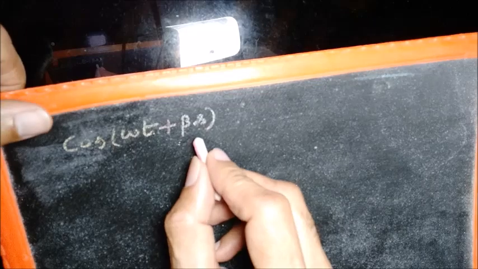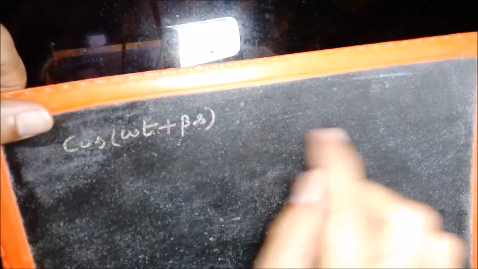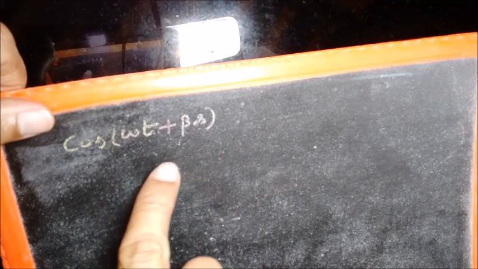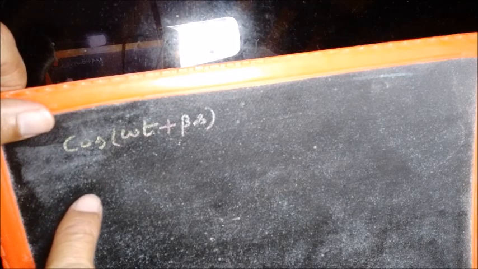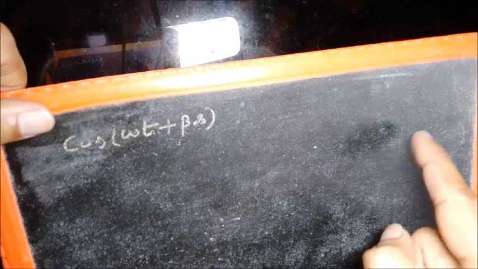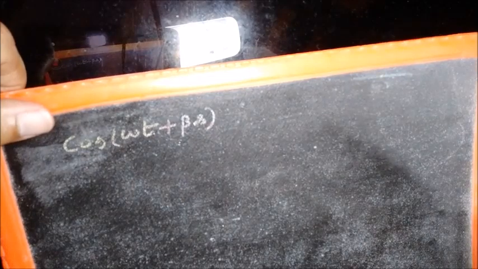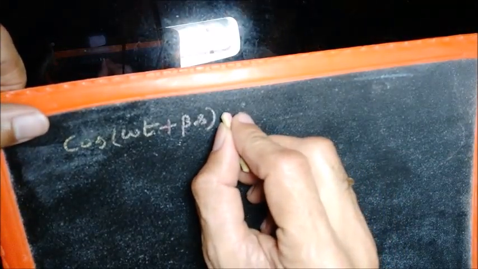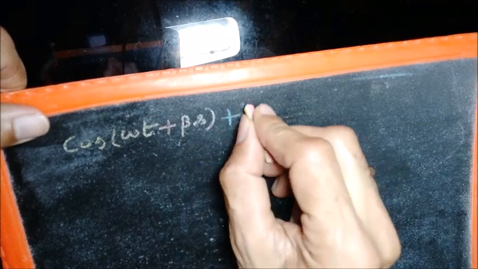So cos omega t plus beta s represents a wave which is propagating towards the load, and remember that our source is at a z value which is more than the one where you have the load. So load is at s equal to 0, source is at s equal to L, where L is a positive number.